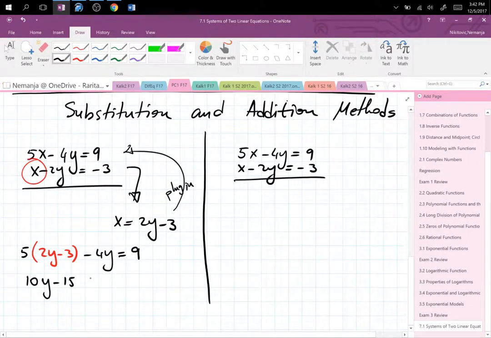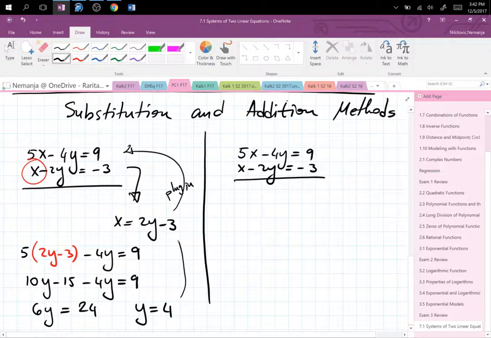10y minus 15 minus 4y equals 9. Observe that this equation now is in terms of only one variable, y. 10 minus 4, that's 6y, equals, move 15 to the other side, becomes 24. And there's your y equals 4.